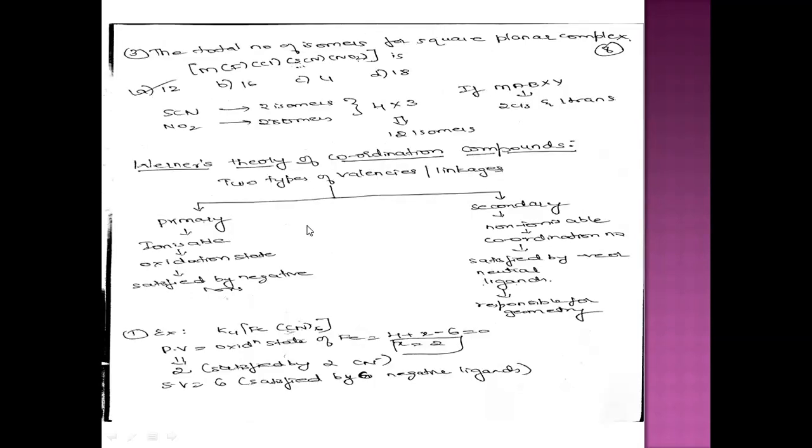The first question is, so I have told you this kind of question will appear. How many stereoisomers are possible for the complex [CrCl2(ox)2]3-, where ox means C2O4? They have asked you about stereoisomers. What are stereoisomers? Stereoisomers are nothing but geometrical isomers and optical isomers.